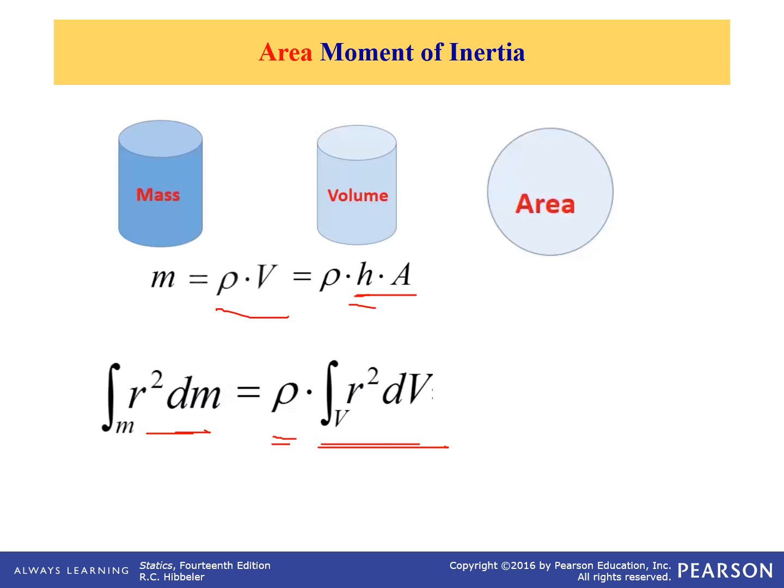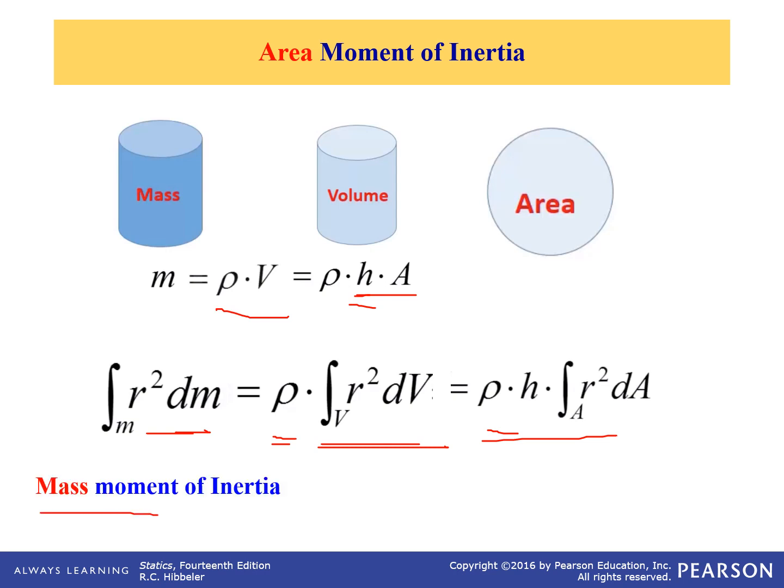And then we write v in terms of h times dA, and now we have rho h times the integral of r squared times the differential area dA.